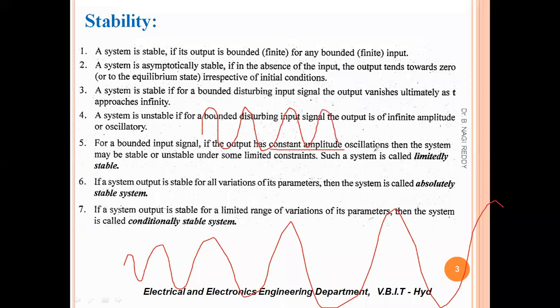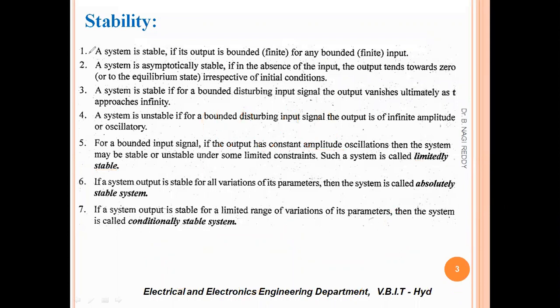Then that type of system is called a limitedly stable system. So like this, we can determine the stability for different types of systems. All these are the different definitions to define the stability of systems.